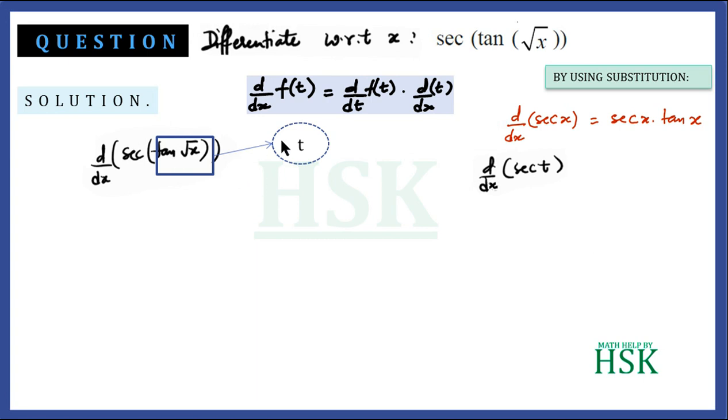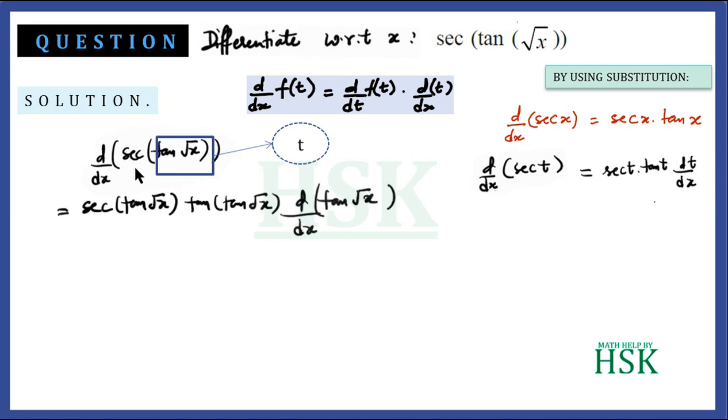Differentiation of sec t with respect to t would be equal to sec t into tan t. And on applying this result, this would further be equal to sec t into tan t into d by dx of t.